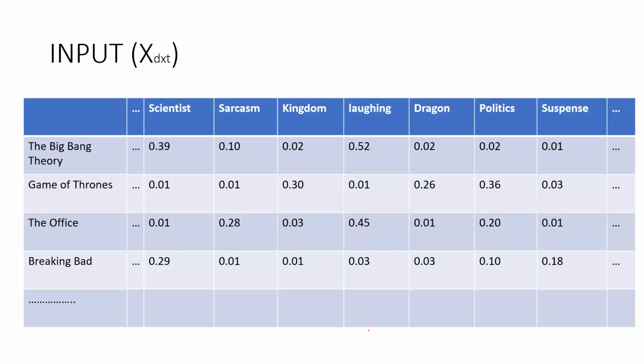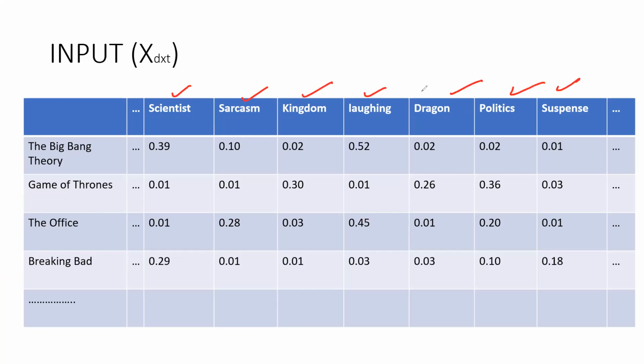Let's take an example. For example, we have a few things in front of us. Let them be these 4 TV series: Big Bang Theory, Game of Thrones, The Office, and Breaking Bad. And let's assume we have the keywords such as scientist, sarcasm, kingdom, laughing, dragon, politics, suspense.